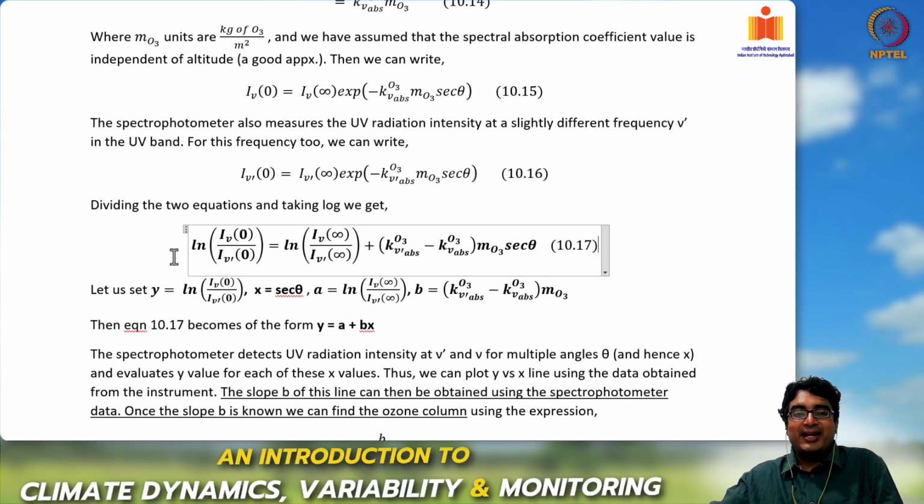Suppose we take a variable y, which is the ratio of these two radiation intensity values. We call this variable y, log of I nu 0 by I nu prime 0. We call variable x sec theta, that is 1 by cos theta.